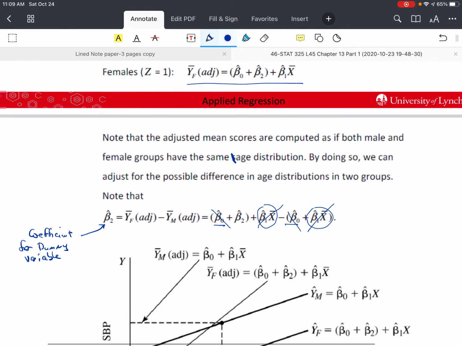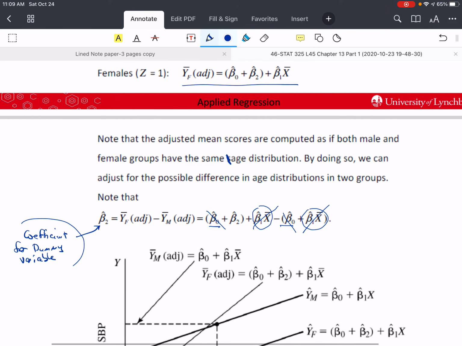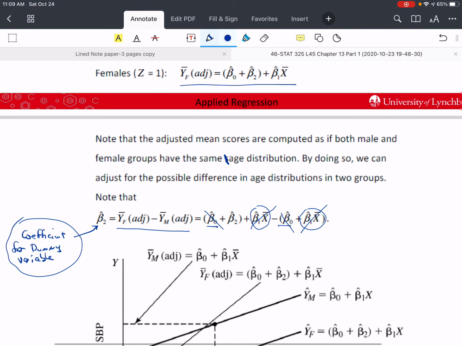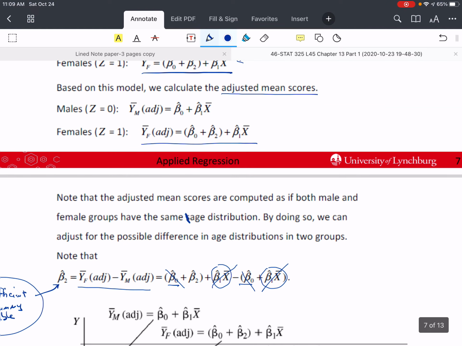So this is the coefficient for the dummy variable, beta hat 2. And so we can take that, if you look at these two equations, if we subtract them and solve for beta 2. So that's what we're doing here. Let's subtract these two equations.